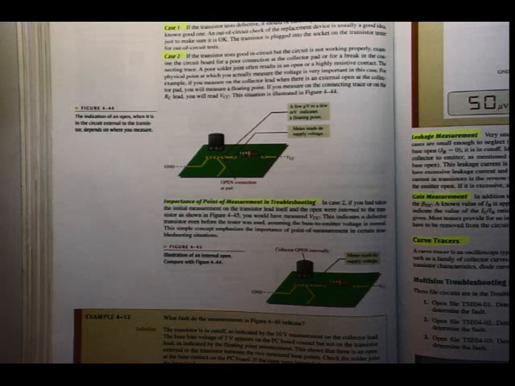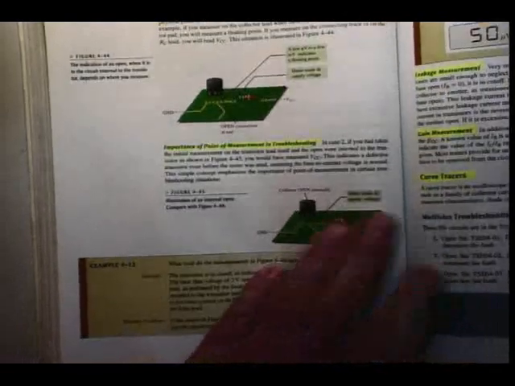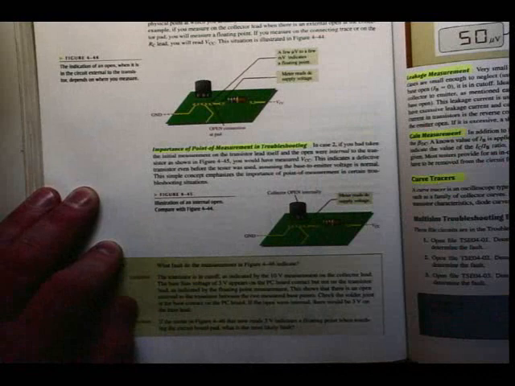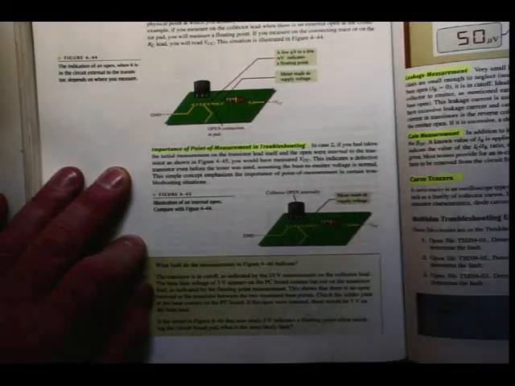You may have bad connections while making your connections on the breadboard. So make sure that your connections are good. That's the most common fault, I would say: connection faults.